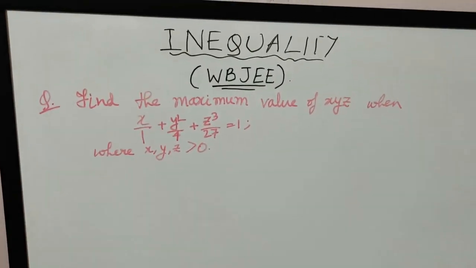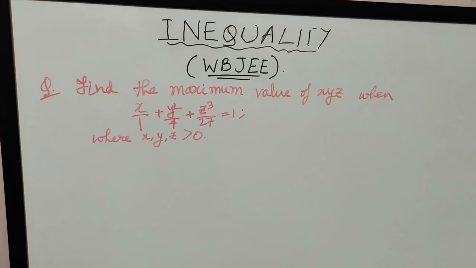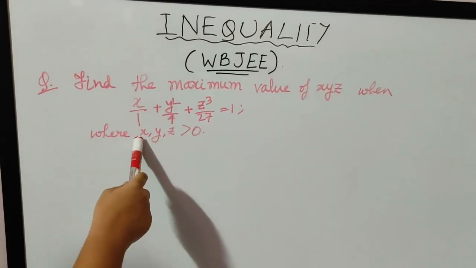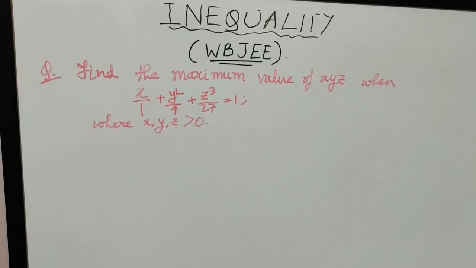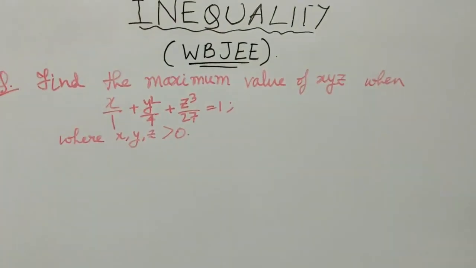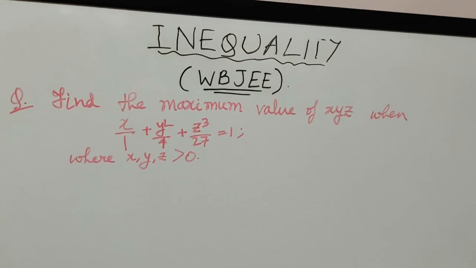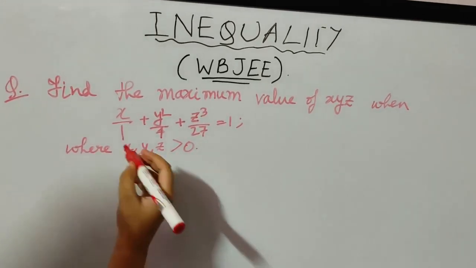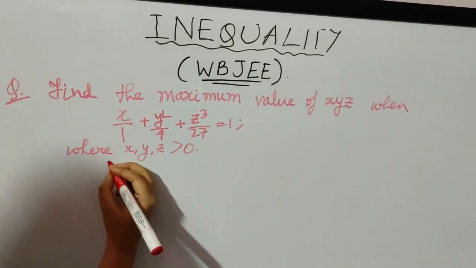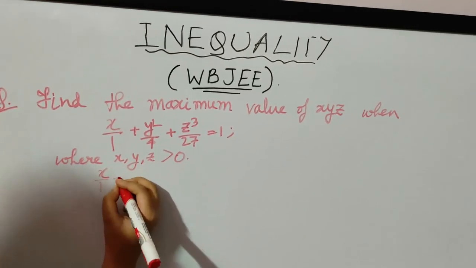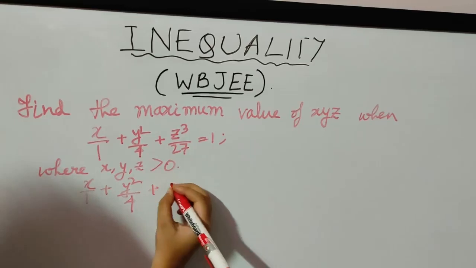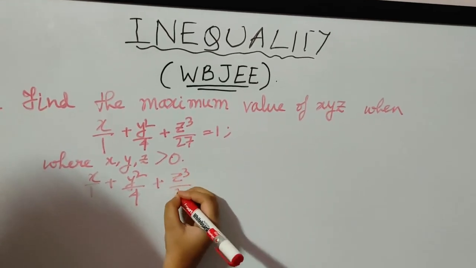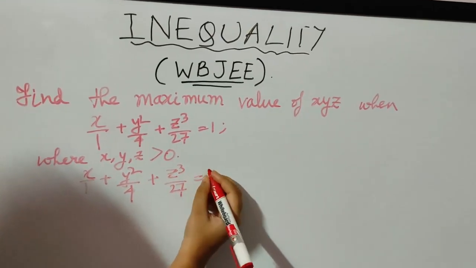Next question is, find the maximum value of xyz when this holds where x, y, z are greater than 0. Here we have to use the concept of weighted means. So how do we use that? We already have this thing. So let us write down this x by 1 plus y square by 4 plus z cube by 27 equal to 1.